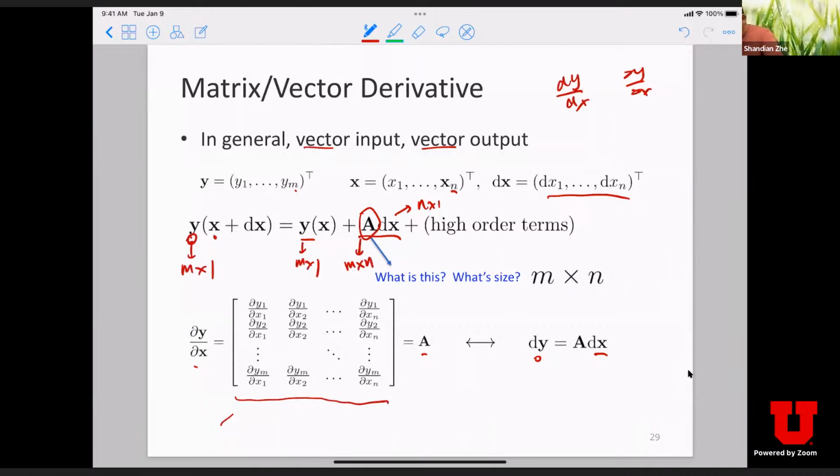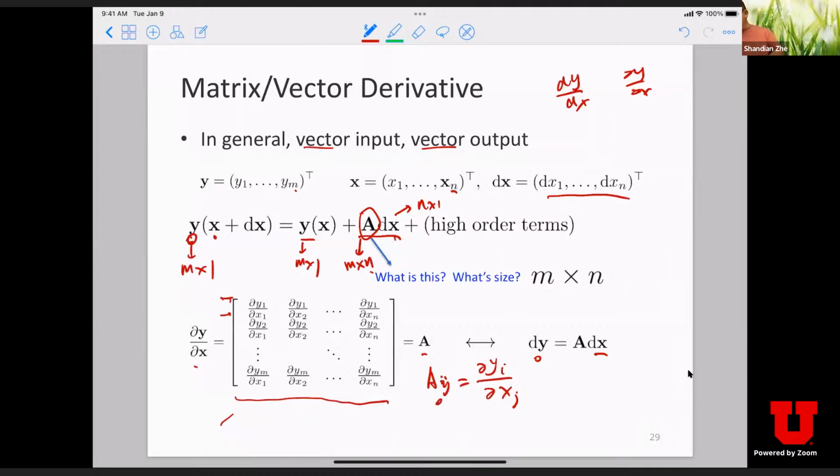Each element A_ij, according to what we have seen in the textbook, is defined as partial y_i over partial x_j. Because it has m rows, and each row corresponds to one output, one element of y. And it has n columns, and each column corresponds to one element in x.